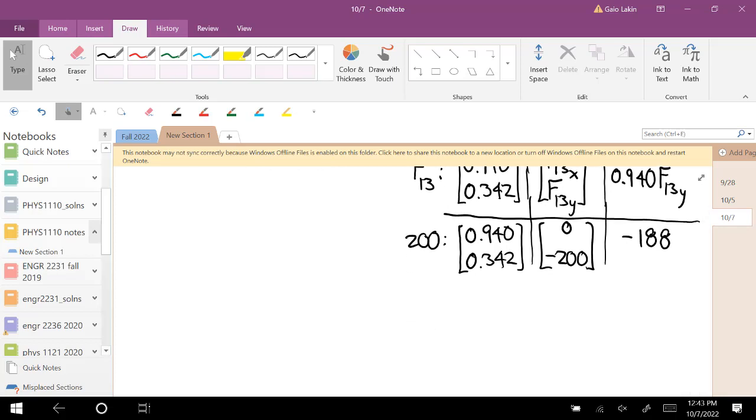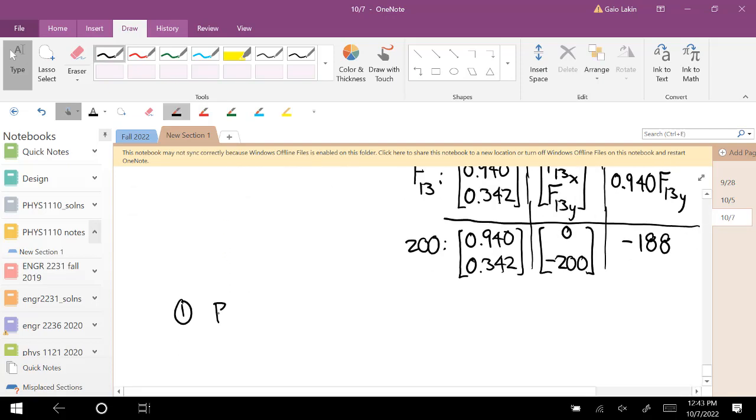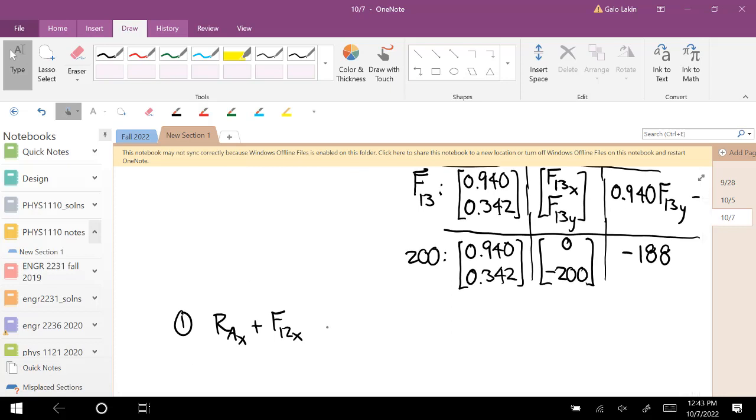So our equations, let's just write out our equations. So we have RAX plus F12X plus F13X is equal to 0.